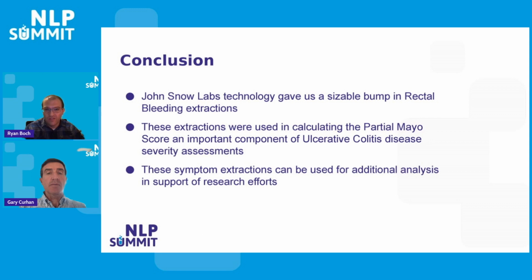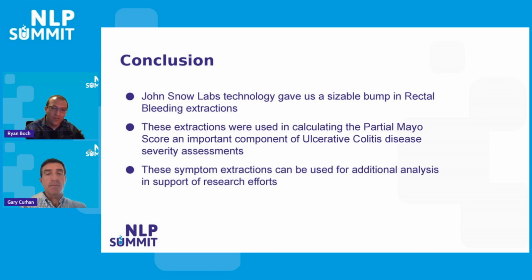So these extractions were used in calculating that Mayo score. This is talking about the partial Mayo score. There are different versions of the Mayo score, but that's not important. The important part is that it's an important component of UC disease severity assessments.